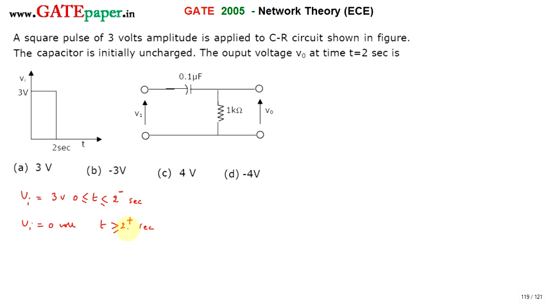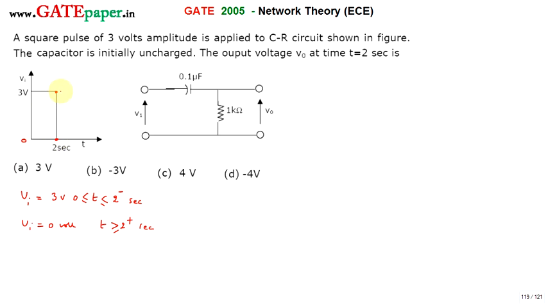Very important, because at t equal to 2 seconds, can you find the input voltage? If you look at this point, it is related to 2 seconds, but it is giving 3 volts. If you look at this point, it is also related to 2 seconds, but it is giving 0 volts.